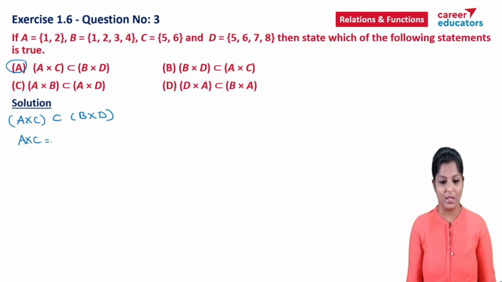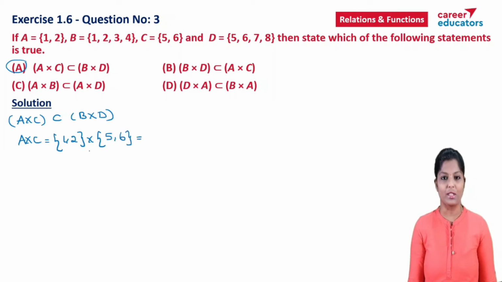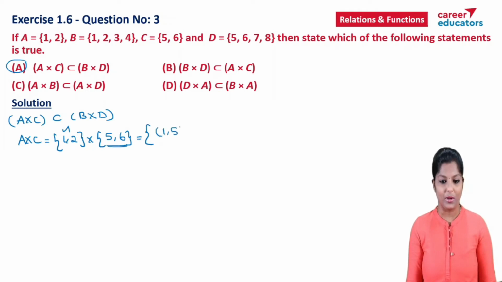A cross C equal to, write all the elements of A: {1, 2}, cross, write all the elements of C: {5, 6}. Next, to find A cross C, we have to pair each element of A with each element of C. Take the first element 1 and pair with all the elements of C. We will get (1, 5), (1, 6).